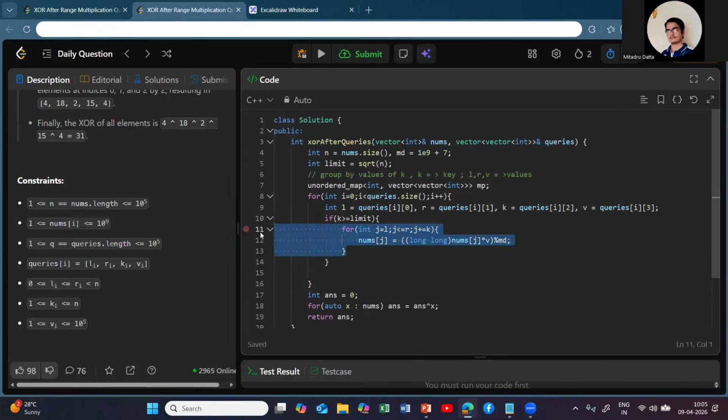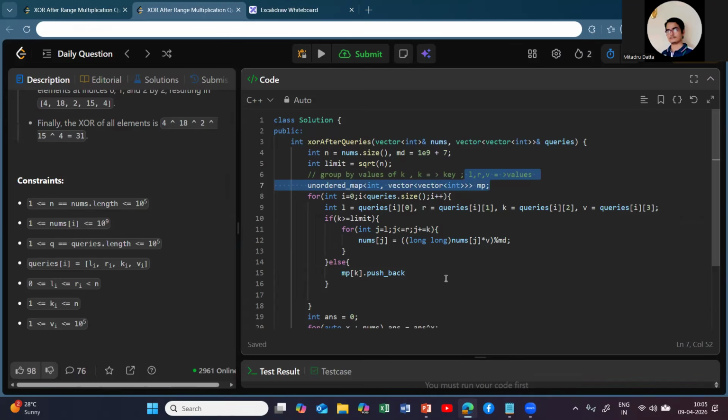Otherwise, I will try to do it in a difference array manner. So else, I will first group the values by k. So map of k, I will push back the whole query, the L, R, V values. So that will be the whole query only.